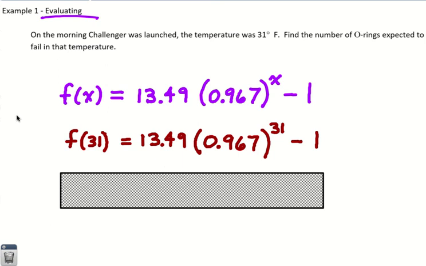And if you have a calculator handy, which I hope you do, see if you can push the correct buttons and punch all this in: 13.49 times 0.967 to the 31st power minus 1. Punch those into your calculator. It should be able to handle all of this at once.